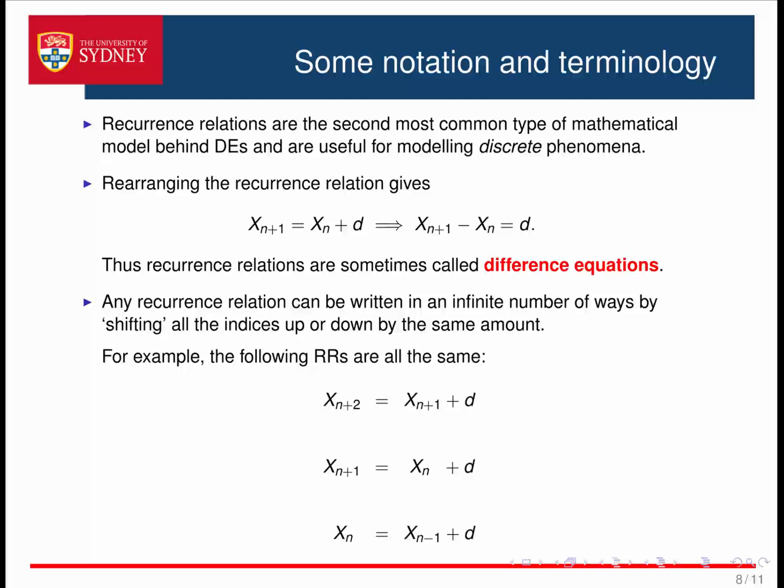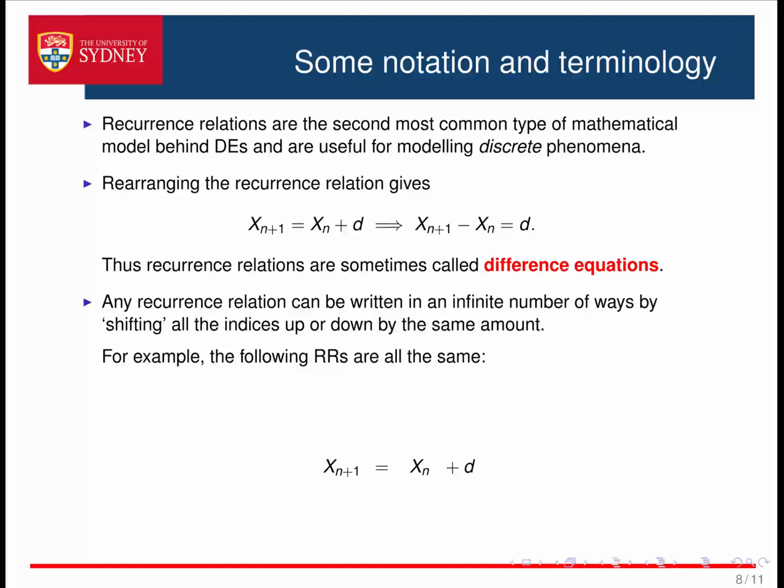For example, consider the following three recurrence relations. Even though all three equations look different, they share a very important property, which is that they all generate the same family of sequences. In this respect, we say that all three recurrence relations effectively represent the same model.